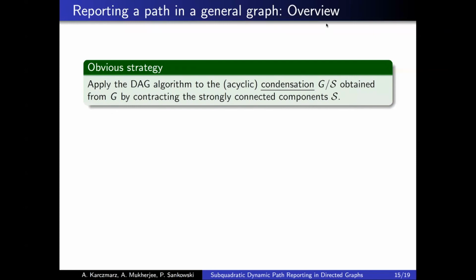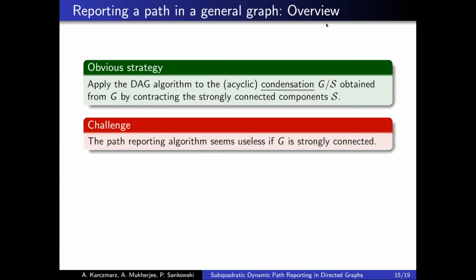Now, for general graphs, a simple strategy would be to apply the DAG algorithm to the acyclic condensation G by S obtained from G by contracting the strongly connected components S. But the challenge is that the path reporting algorithm seems useless if G is strongly connected.